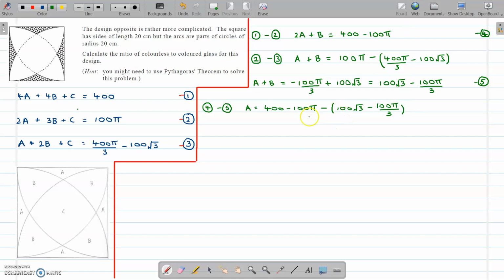Now I'm going to take out a factor of 100 because each of these four terms has a common factor of 100.